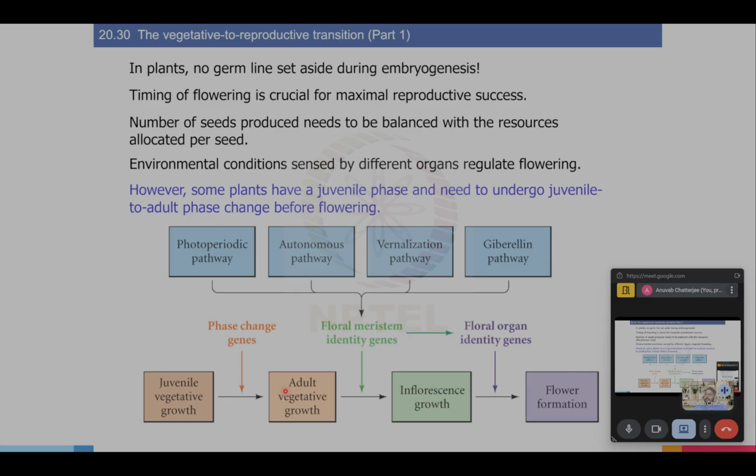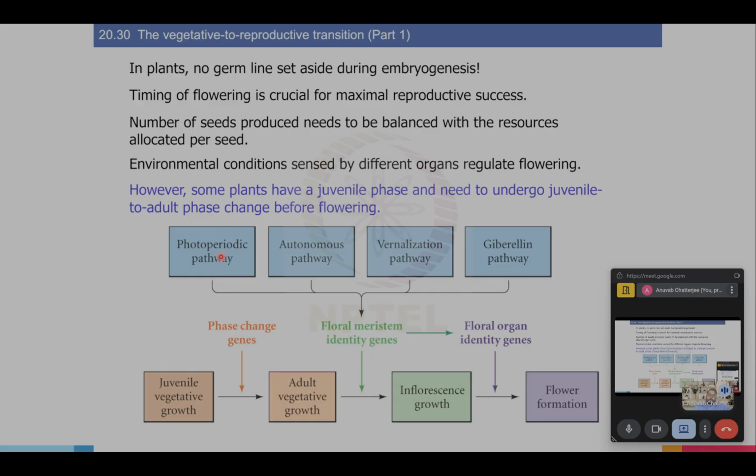This happens in plants which live for more than one season, not annual plants which grow and then die after just one season. So the plants have to go from juvenile to adult stage, and then from adult vegetative growth they have to go into inflorescence growth, where they are trying to make flowers to form seeds at a later point, and this is guided by a lot of things.